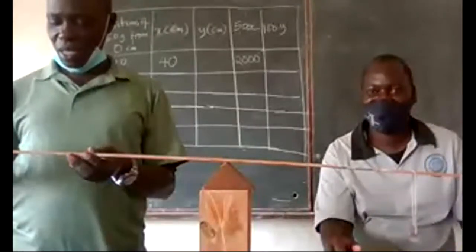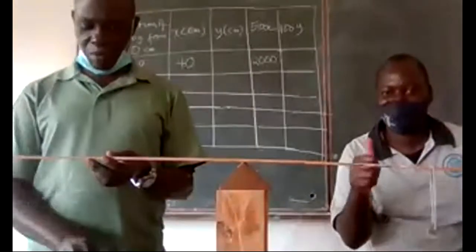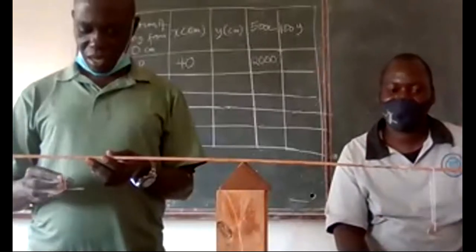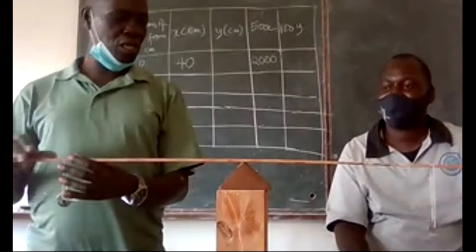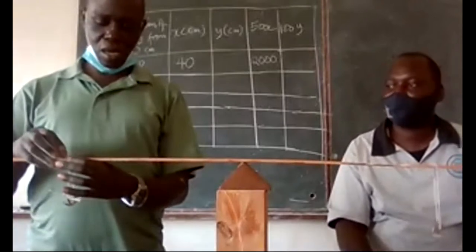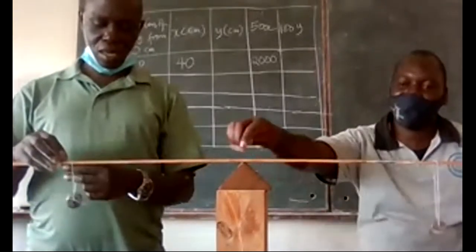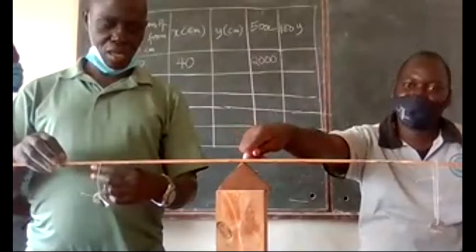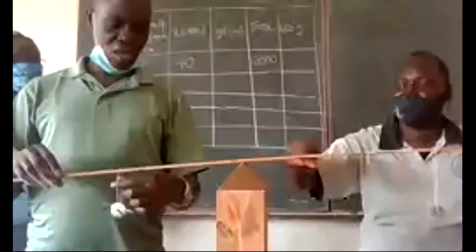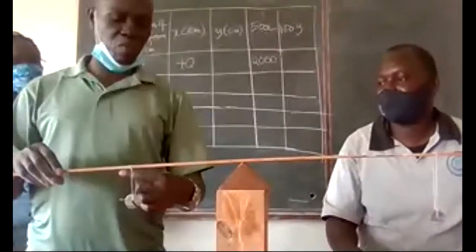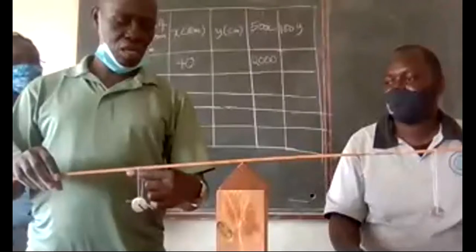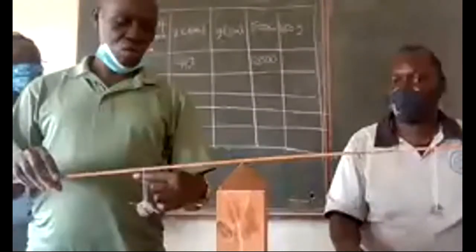Now we are going to put the 100 gram mass, as the experiment tells us, and balance. We maintain the 50 gram mass at 10. What are you observing? How am I moving the heavier mass, away from the pivot or towards the pivot?